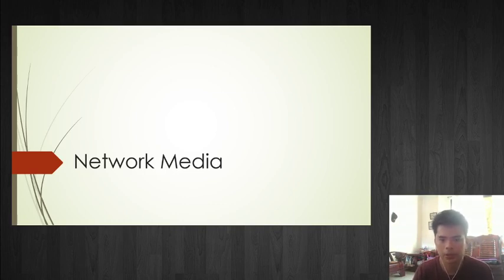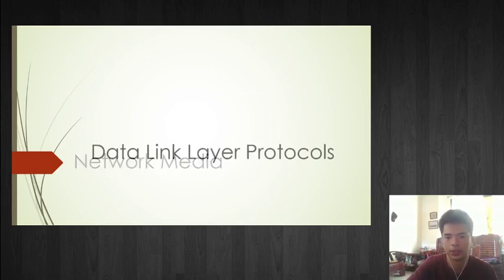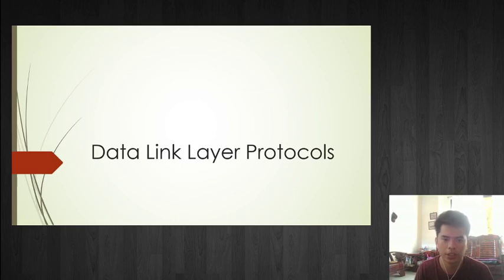Next, we are going to data link protocols, or the data link layer. The data link layer, or layer 2 of the OSI model, is responsible for the following. First we have the physical layer, the second is data link.